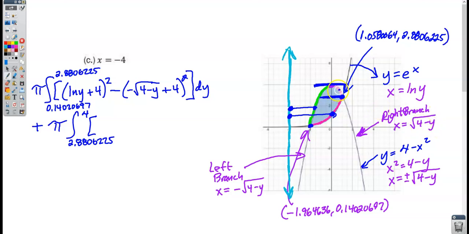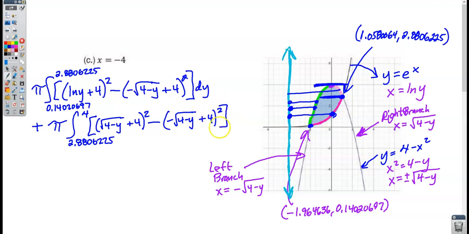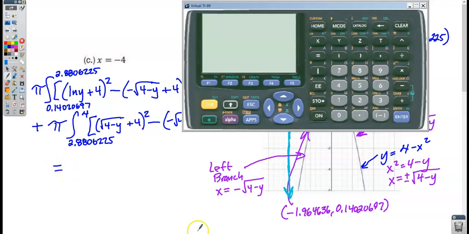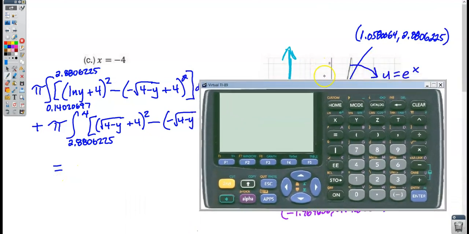So the distance from there to the axis of rotation is going to be square root of 4 minus y minus negative 4. And then my inner radius is on this green highlighted curve from there to the axis of rotation, which is going to be that negative square root of 4 minus y minus negative 4. And so I've got all this set up, and now I can go ahead and calculate these integrals in order to find the volume of the solid.